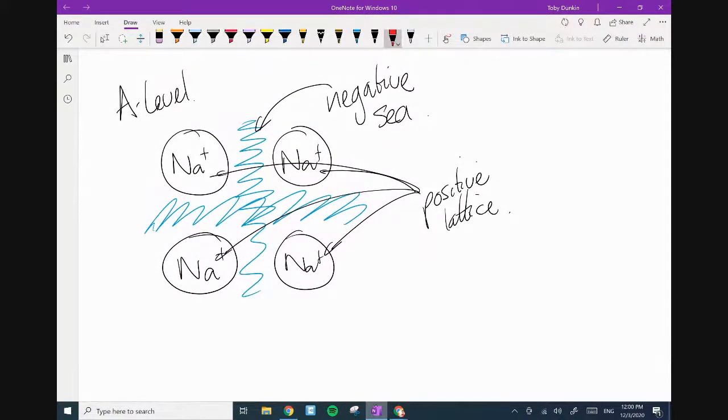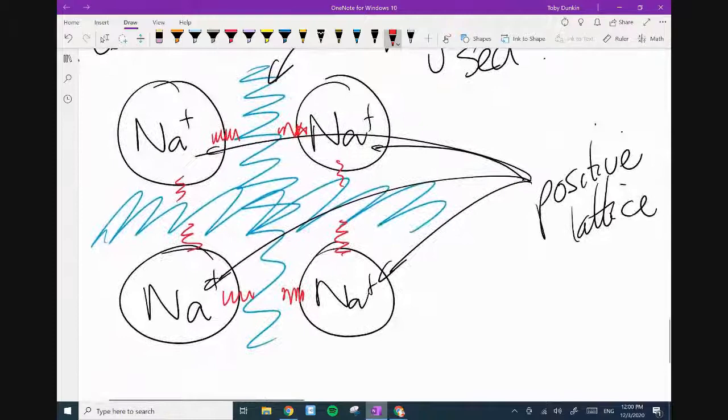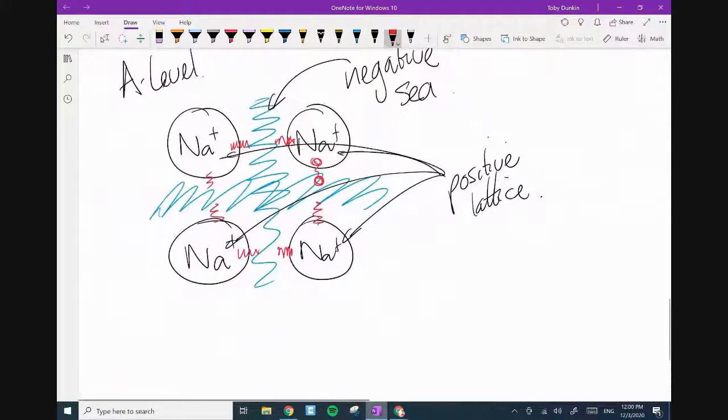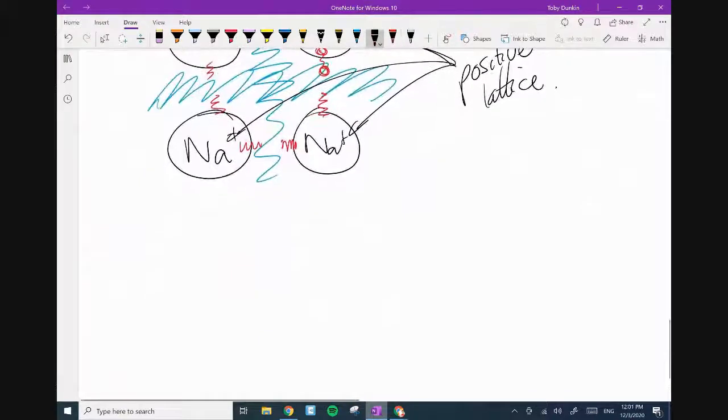So if we're calling this here the electrostatic attraction, notice I'm not going between the ions, but just between them and the sea. They're not actually touching those wiggly lines, because it's the attraction between the electrons and the cation. So what factors would affect this strength?